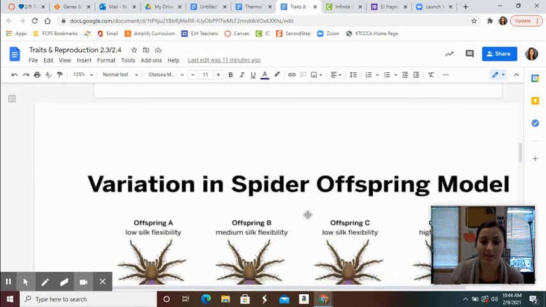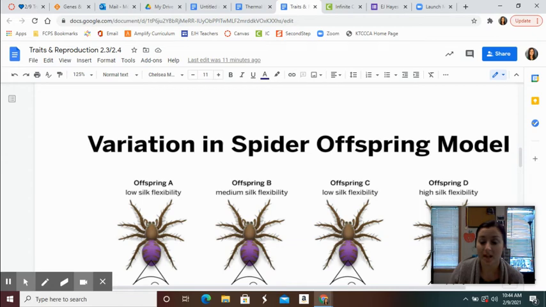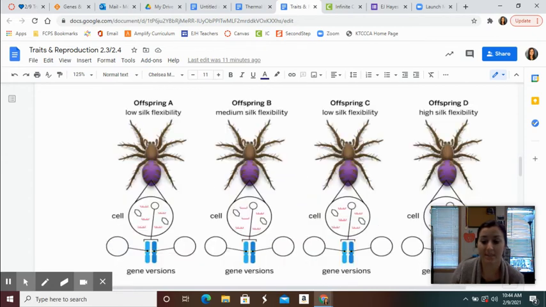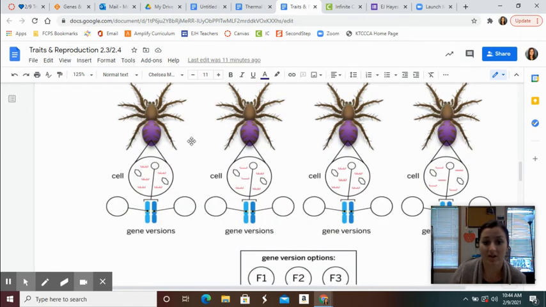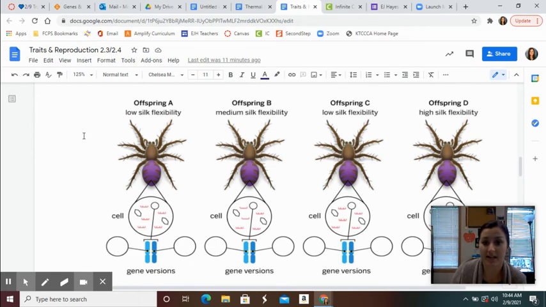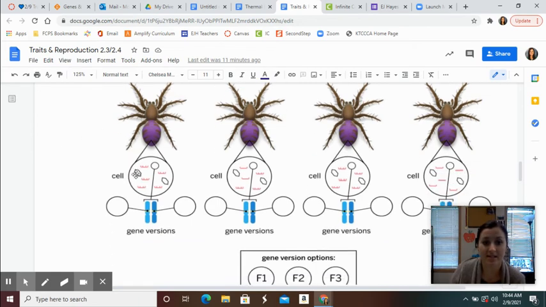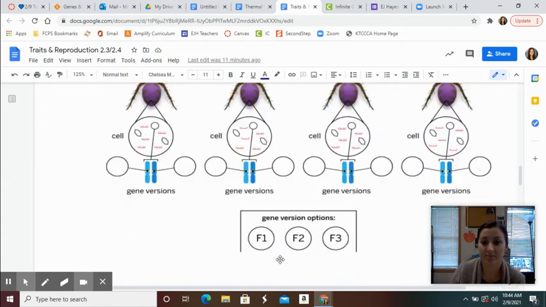The other thing down here is this picture that we have seen a bunch of times. We have our 4 offspring and they have a different variety of silk flexibility. And so you can see inside their cells, they have the different proteins, and you also can see they have gene versions here. And we have our options.